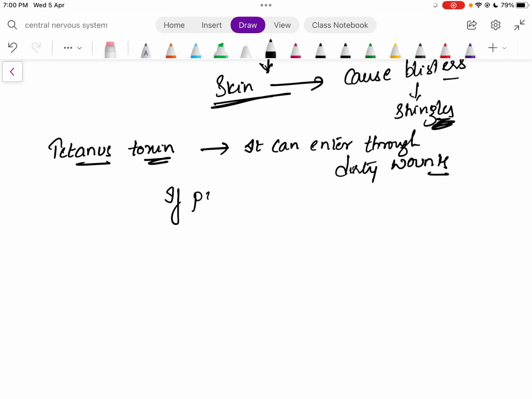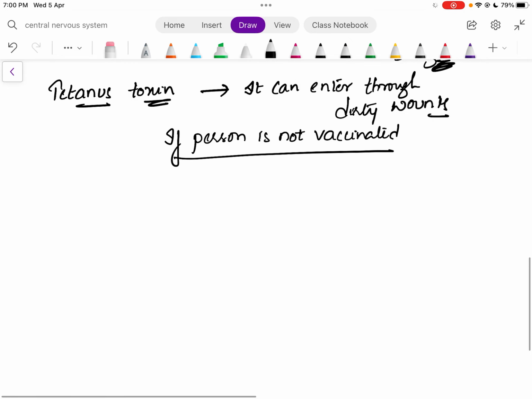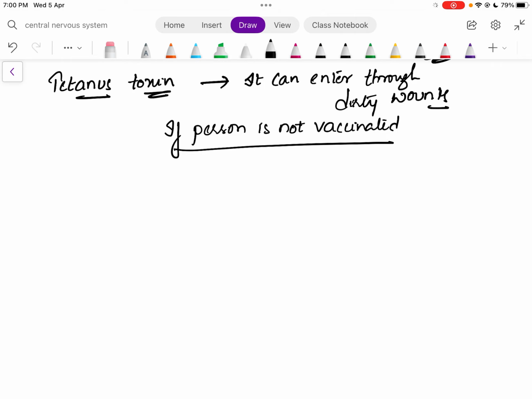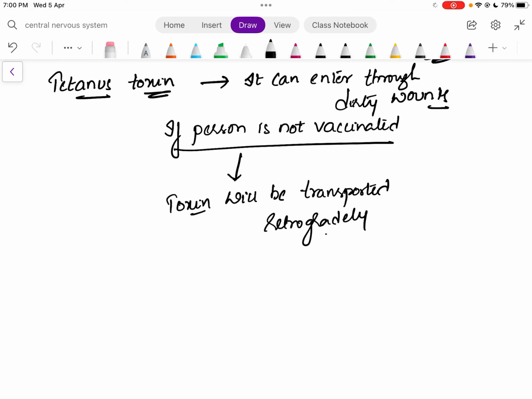And if the person has not been properly vaccinated, that is, there is no vaccination schedule for that patient regarding the tetanus vaccine, then this toxin will be transported retrogradely to motor neurons.